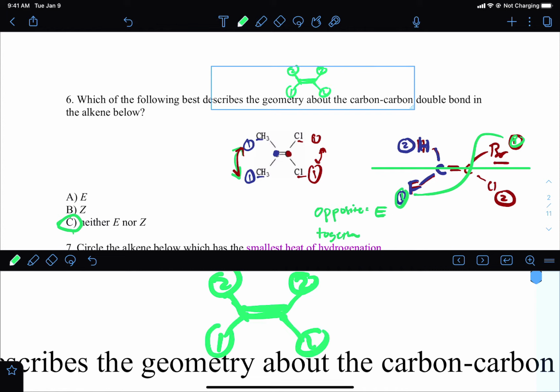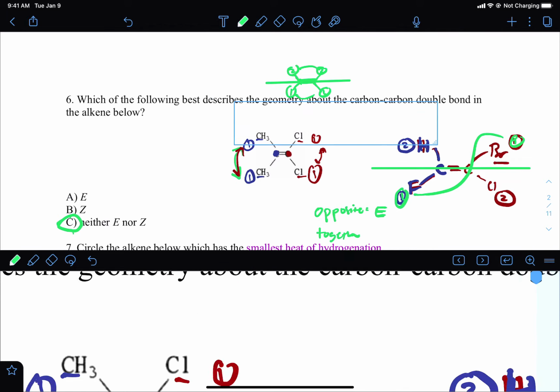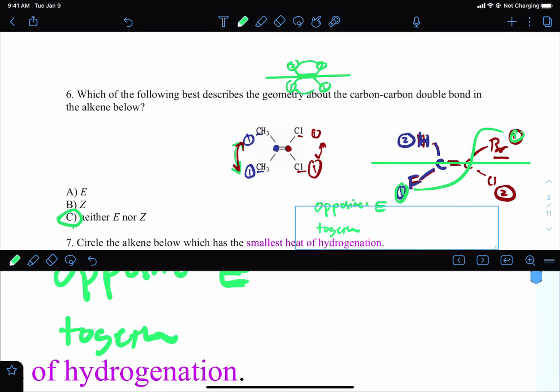Now the 2s are, if we slice through the double bond, the 2s are together, the 1s are together. Okay, if they're together, we call it Z, which comes from the German word zusammen, which means together, basically.